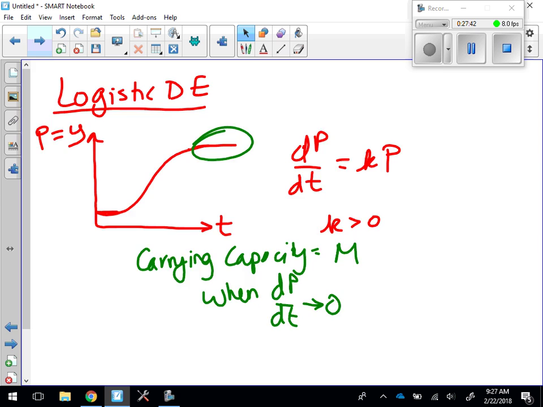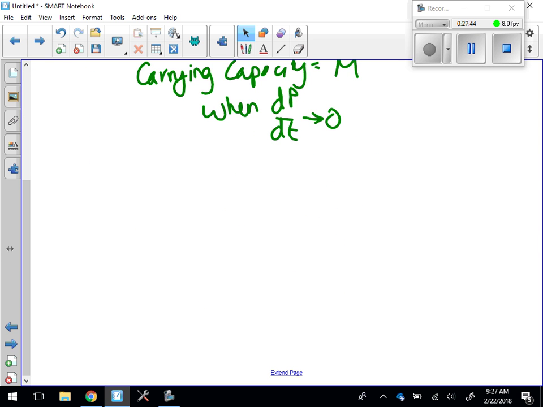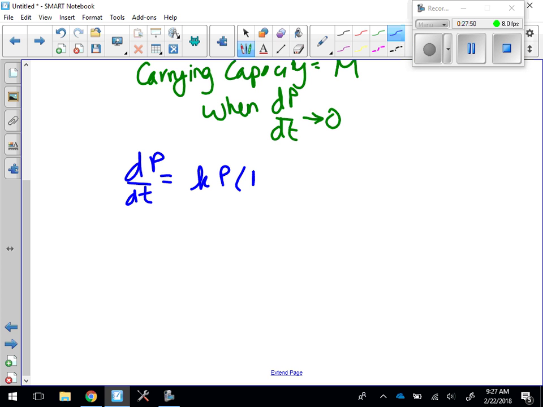So like Zoe alluded to, the equation is often rewritten as dP/dt is equal to kP times the carrying population minus the population at any time.